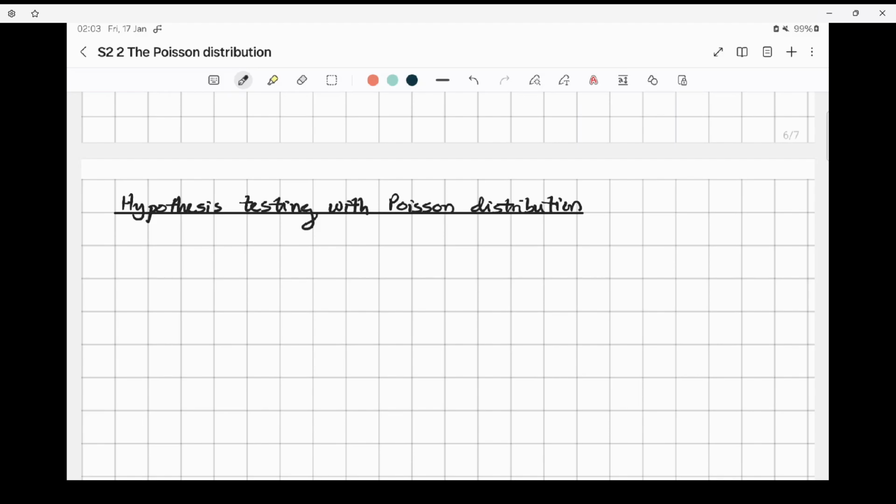So now if you are given a Poisson distribution, usually you are given the events, the average of the events over a certain period of time or a certain interval. So you need to be able to identify which type of distribution the question actually gives you. So let's look at this particular example.